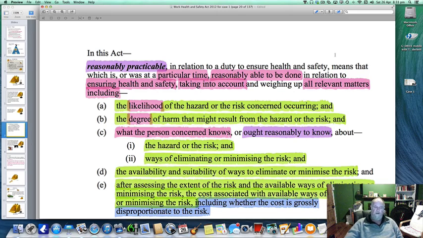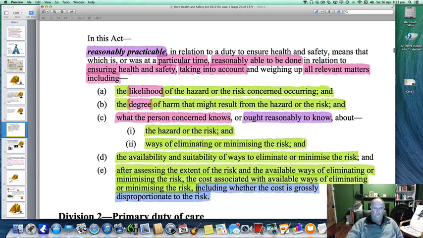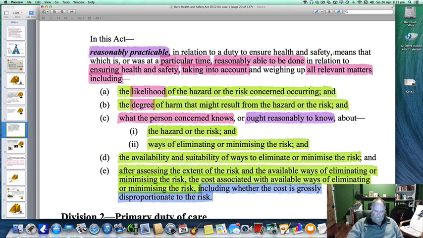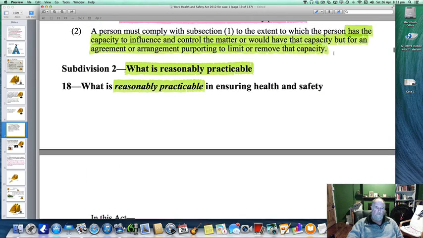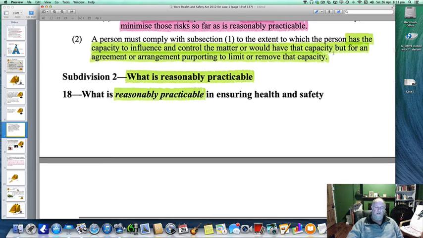Okay, so now the real guts of the entire thing lies in this part, right? Let me just go back a little bit here. What is reasonably practicable in ensuring health and safety?